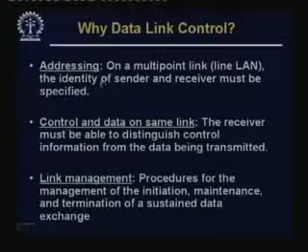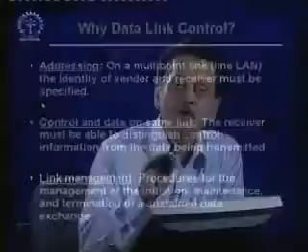Now for all this error control, flow control, etc., we require some data link layer protocol to run between the two layers. In order for this protocol to run, these two nodes need to exchange some control or management information. Otherwise, their protocol cannot run at that level. But how will this control or management information go from one machine to the other?